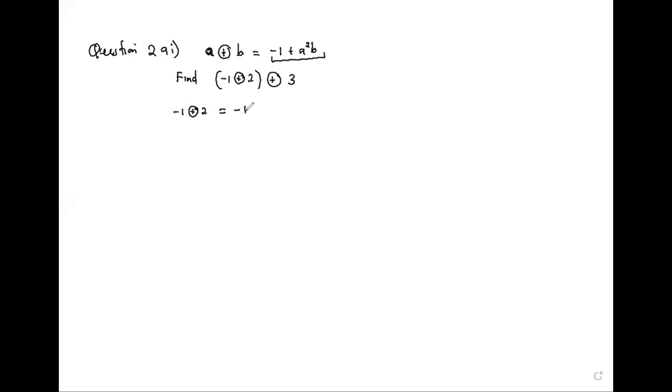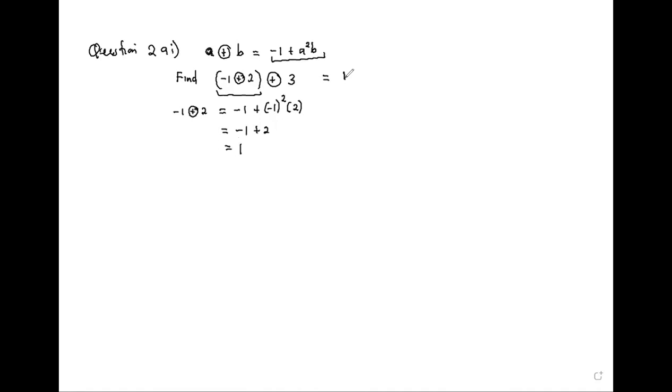That would be -1 plus A is -1, it must be squared, multiplied by 2, giving us -1 plus 2, which is +1. Now this +1 is standing in for this piece here.